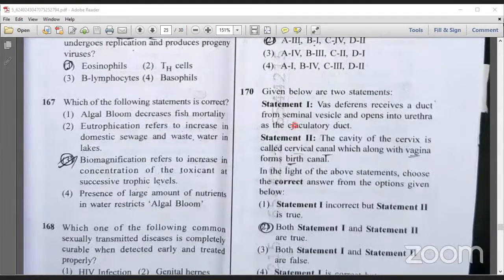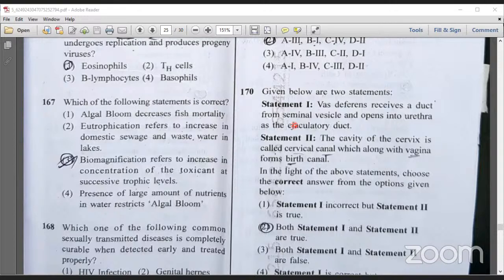And two statements are there. We are supposed to identify whether those statements are right or wrong. Statement 1: the vas deferens receives a duct from the seminal vesicle and opens into the urethra as the ejaculatory duct. Yes, that is right.